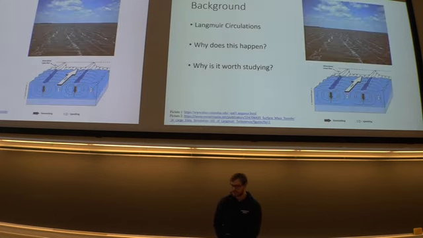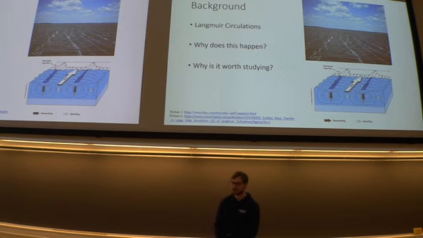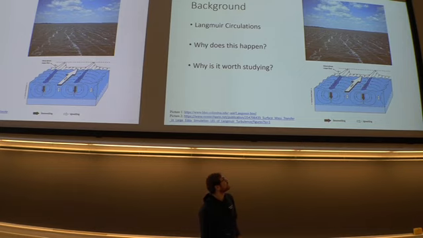Some of you might or might not have seen streaks like this out on the ocean on a windy day. They are called Langmuir circulations, and they are formed by a mechanism driven by a higher order coupling between the shear in the upper layers of the water and the waves generated by the wind.